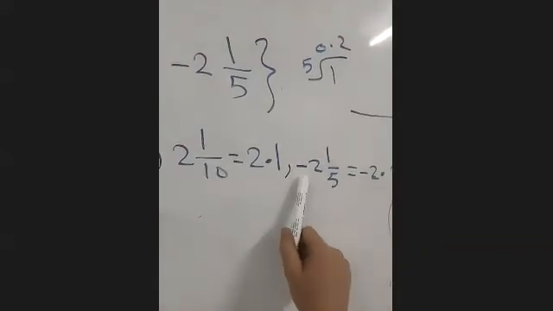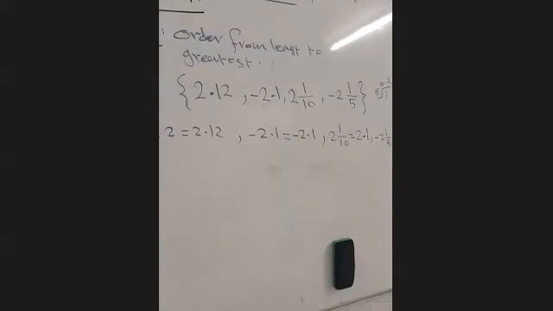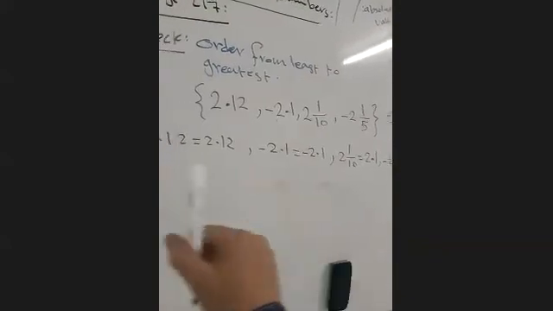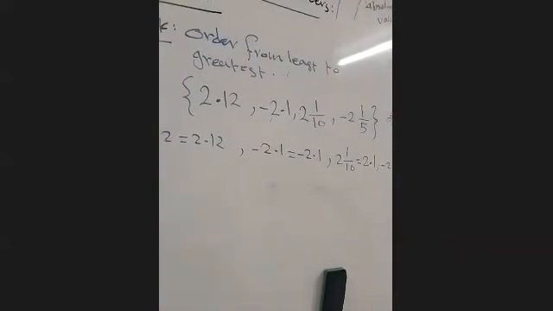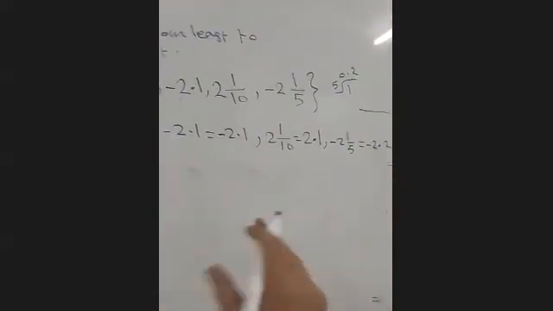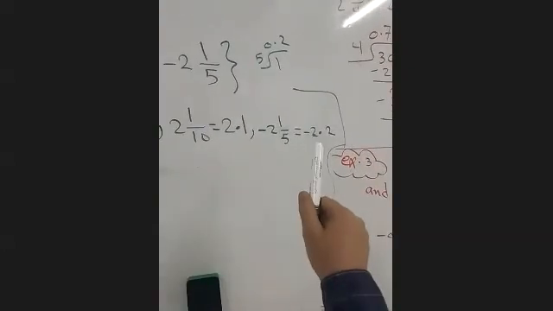Don't forget the negative, and we have positives here. Now let's search for the least number. The least number won't be the positive; the positive will be the greatest. So I'll compare the negatives to find the least number: negative 2.1 and negative 2.2.